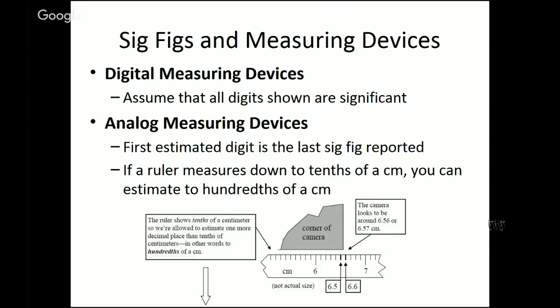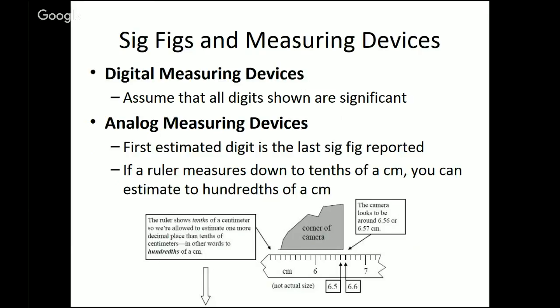All right. The next thing that we need to discuss regarding sig figs is what to report when you're measuring things in lab. Different measuring devices have different numbers of digits that they will present you with. So how do you know what to write down? Well, the rules for digital devices are a little different than the rules for analog, non-digital devices.